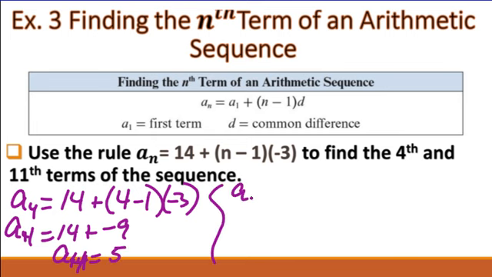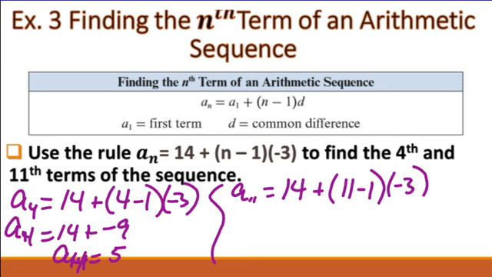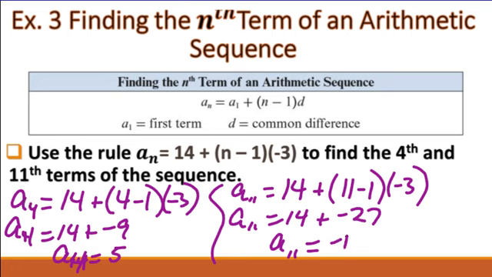And the 11th term, 14 plus 11 minus 1 times -3. We got 14 plus 10 times a -3 gives us a -30. The 11th term would give us a -16.